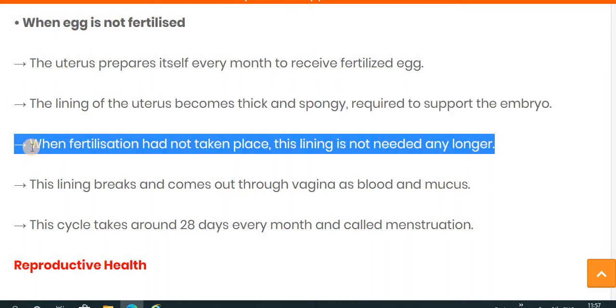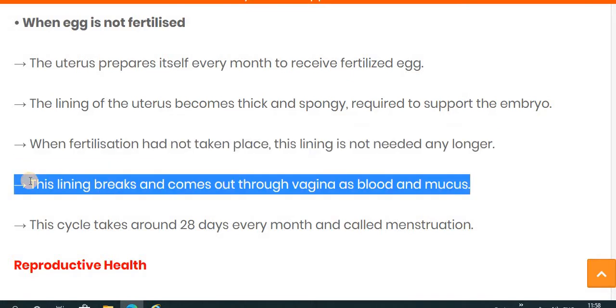But when fertilization has not taken place, the use of this lining no longer matters, because the baby is not formed and the embryo is not developed. So at that time, when fertilization has not taken place, this lining is not needed any longer.